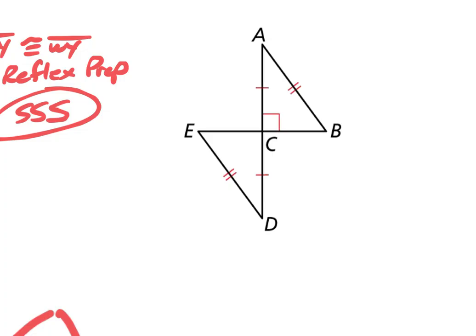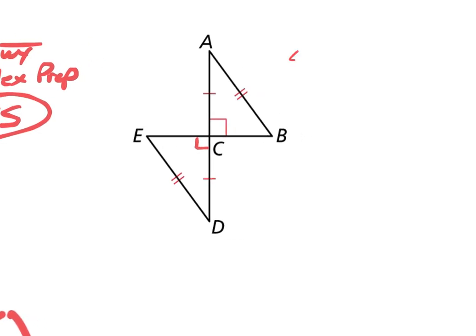Perfect. Angle ECD equals 90 degrees, okay, by vertical angles. Those two are vertical, they're across from one another, okay?